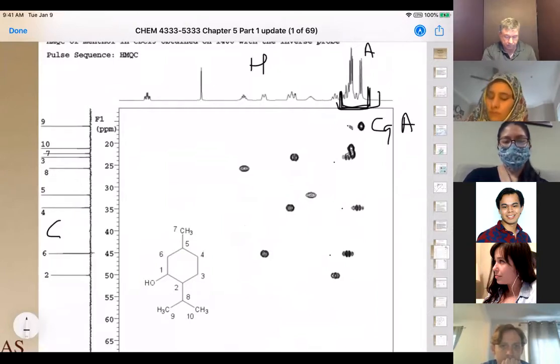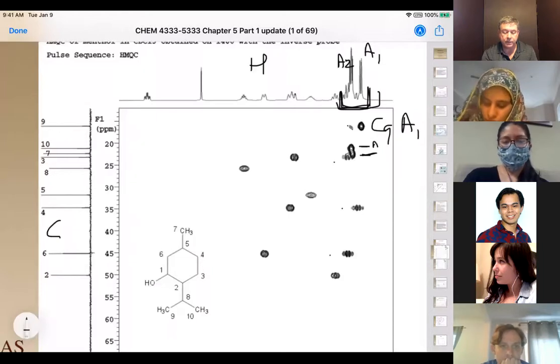But we also have carbon 10 and 7 associated with this, let's call those A1 and A2. Then this one right here looks like it's correlated with an A2 peak. This is correlated with an A2.